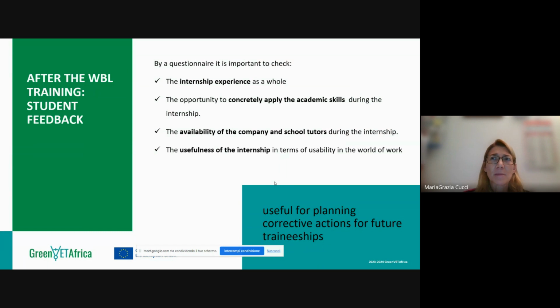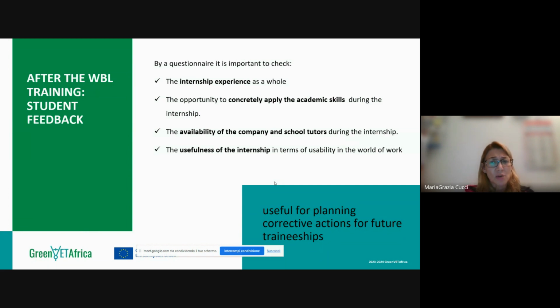Because maybe something that the student learned inside this specific company can have a wider usage inside many other companies, or it can be something that is very specific. In both cases, it is useful to know, because we can understand which is the opportunity to go on with the internship of our students inside this company.